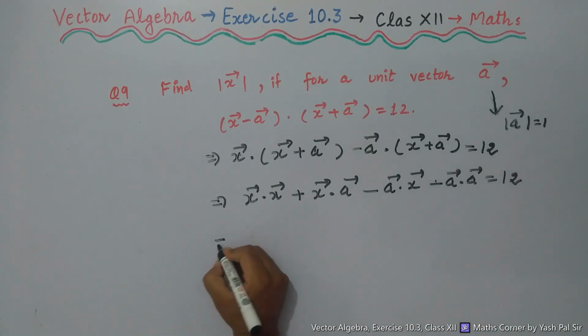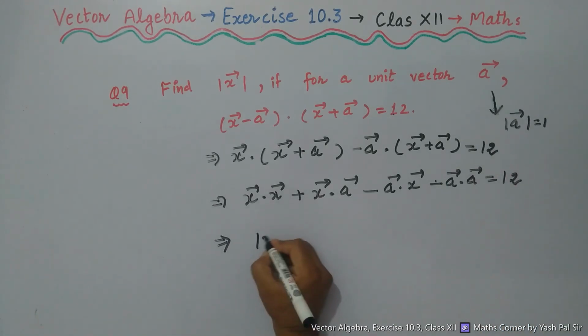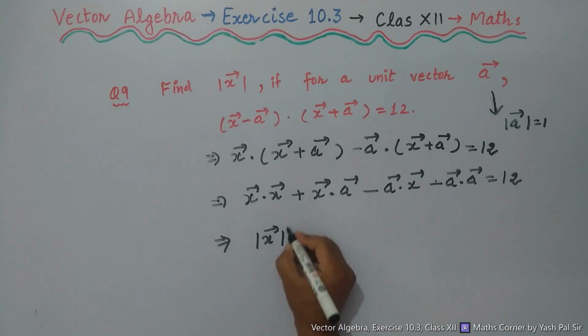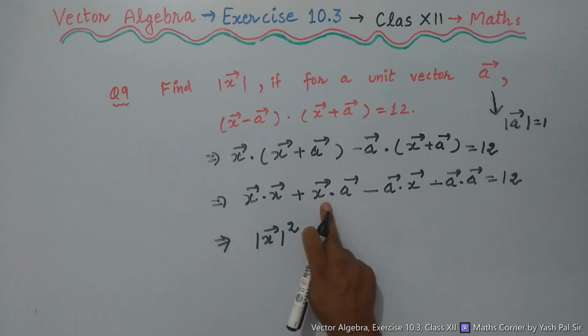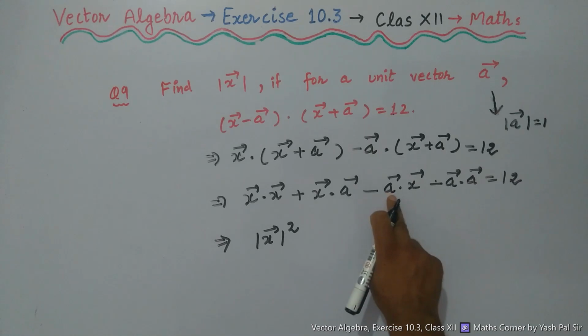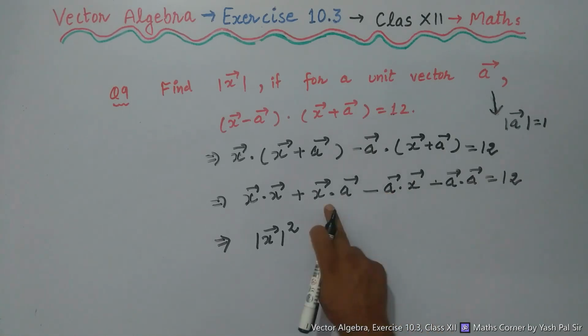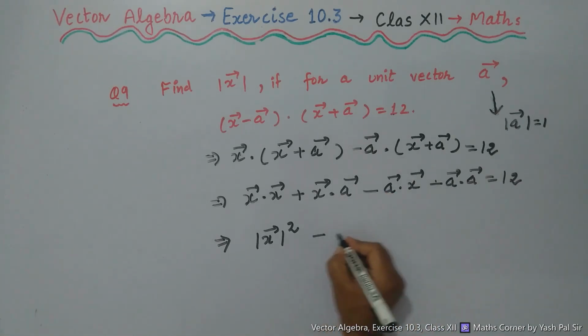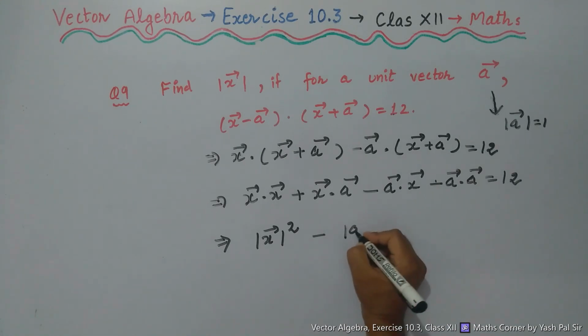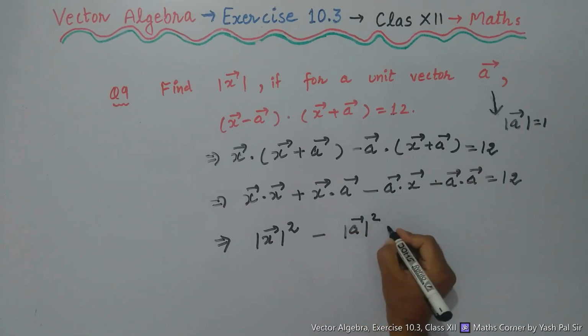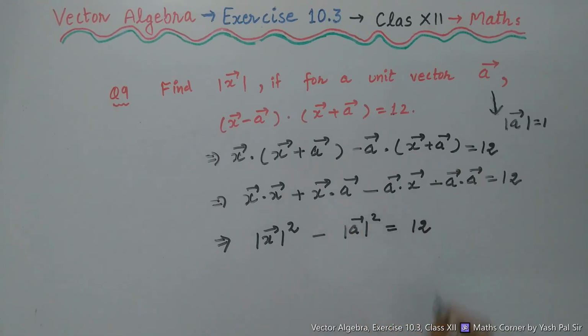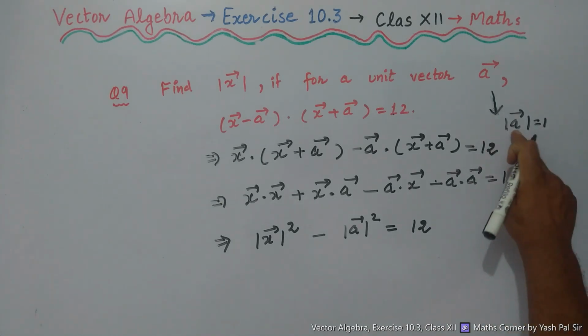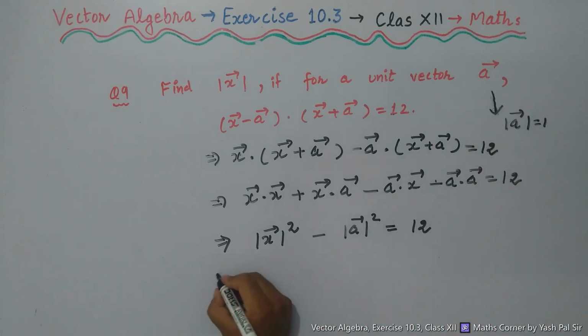So this becomes modulus magnitude of vector A x whole square. x dot A is equal to A dot x, so they are cancelled. Minus this becomes magnitude of A whole square is equal to 12. Now magnitude of A is equal to 1. This is given.